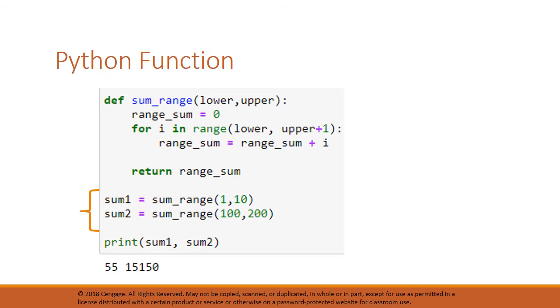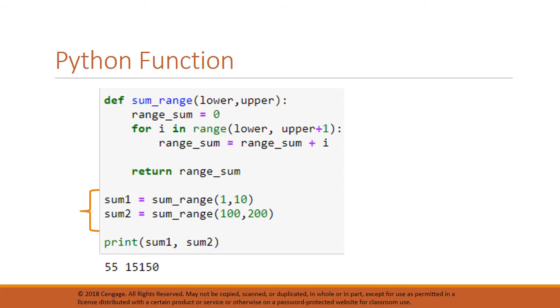We call our function again. This time our arguments are 100 and 200. 100 is passed into the parameter lower, and 200 is passed into the parameter upper.